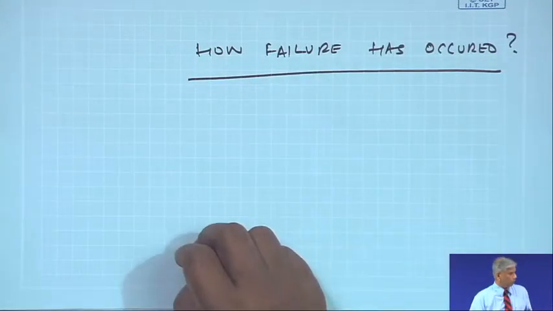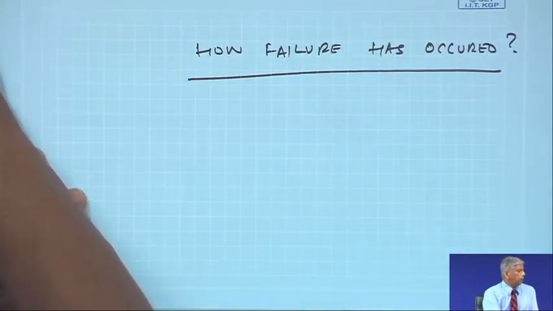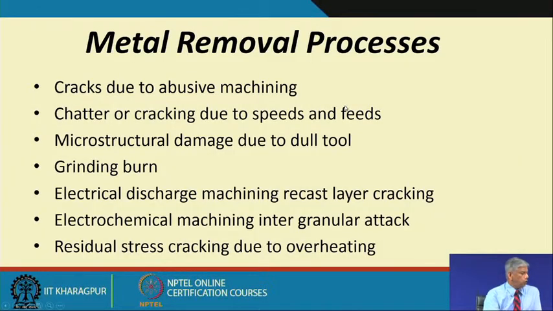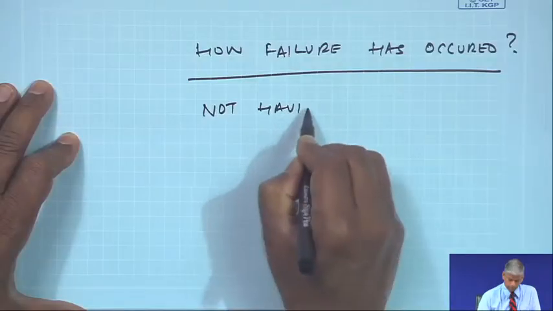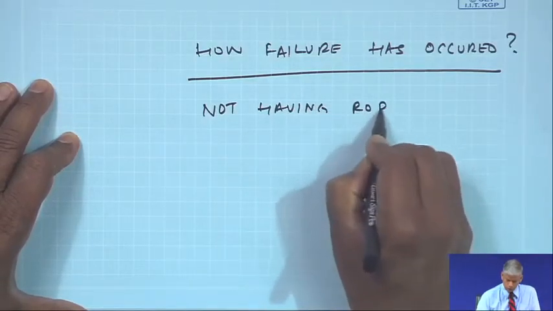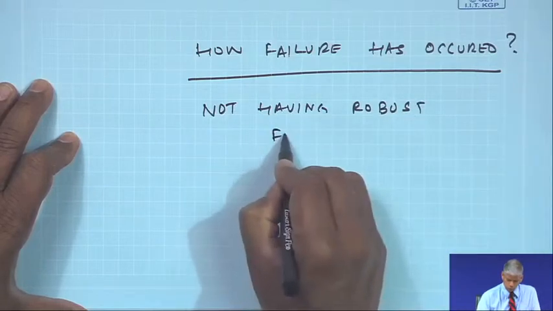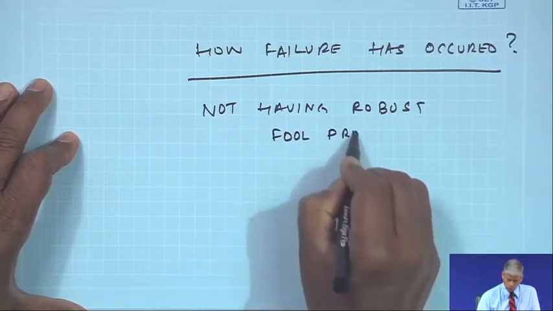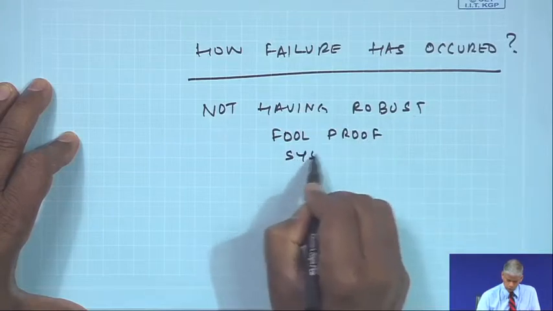But let us see what happens in some of these operations which perhaps go unnoticed or which land up in the final design or final component because our design or our processes were not robust, not having foolproof systems in place.